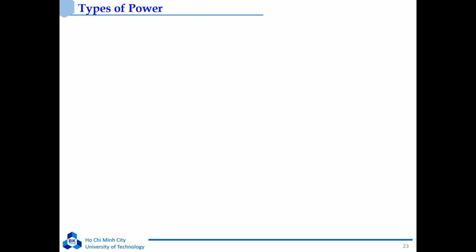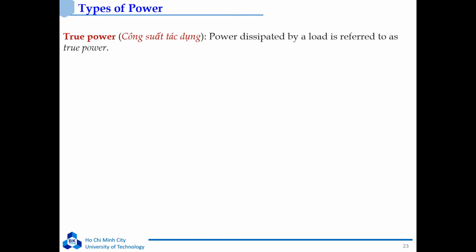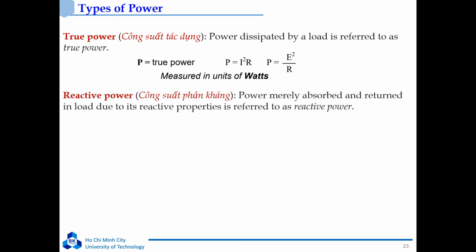In the AC circuit, we have three types of power. The first one is true power. The power dissipated by a load is referred to as the true power. It's a function of resistance R, and it has this formula. The second one is reactive power.